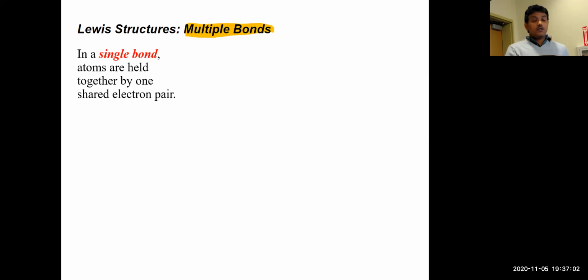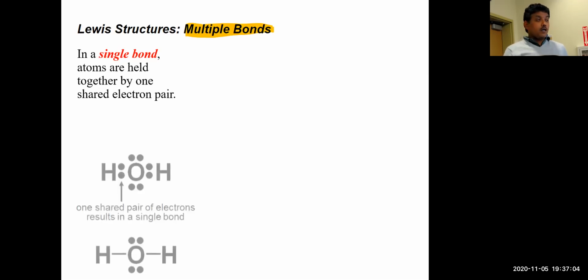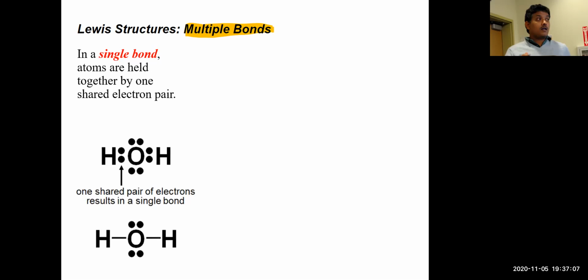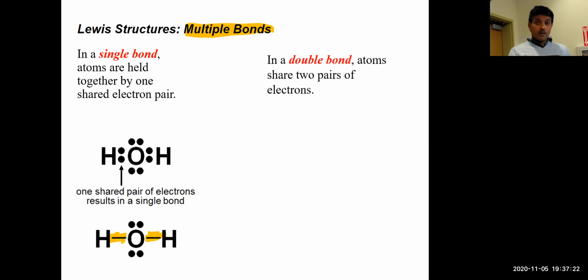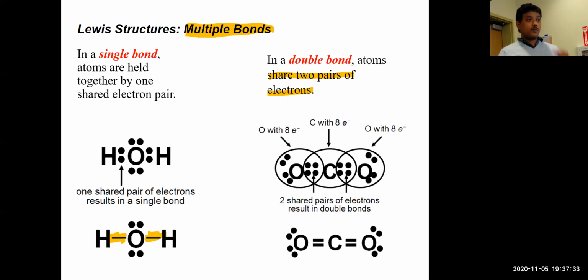So here we are going to discuss those multiple bonds, even though you don't know how to quite draw them yet. When you share a pair of electrons between atoms, what you have is a single bond. This is what we call a single bond. In a double bond, which is a form of multiple bond, atoms share 2 pairs of electrons. They share 2 pairs of electrons, which is important. Here is a great example of that.